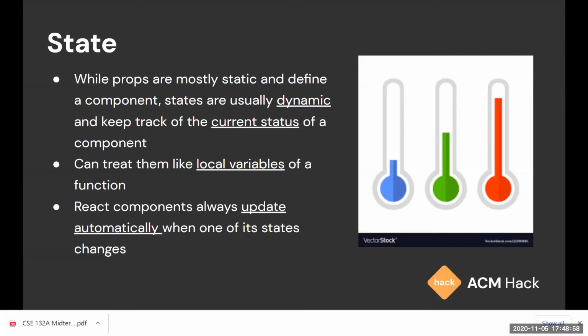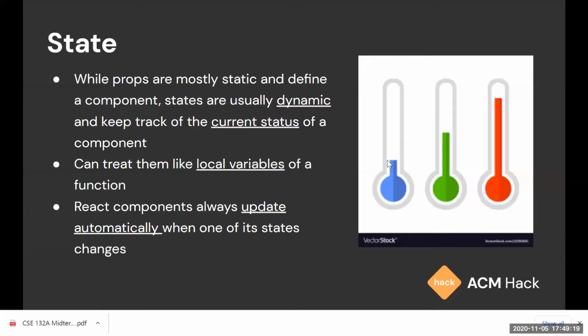If you look at the thermometer on the right, you can understand it as a component with temperature as its state. So why is temperature a state but not a prop? It's because temperature is changing, right?